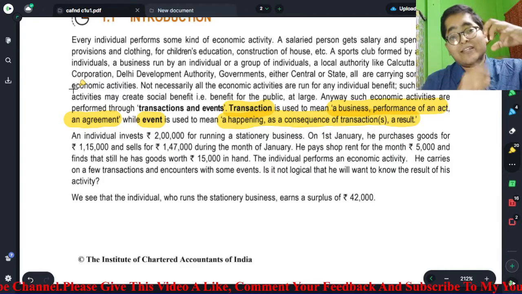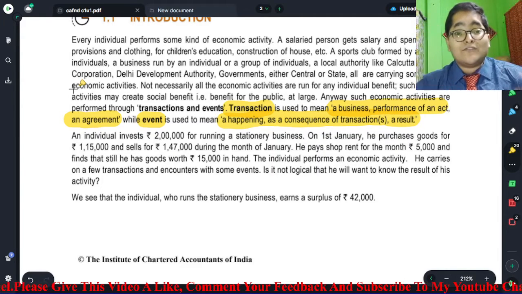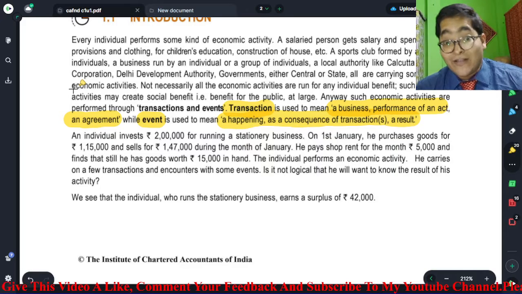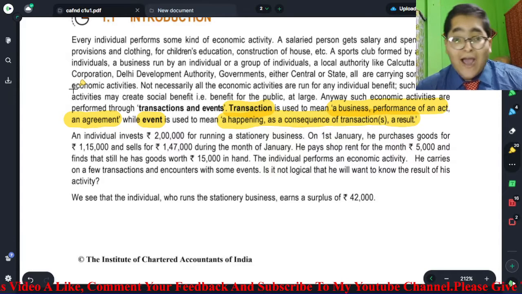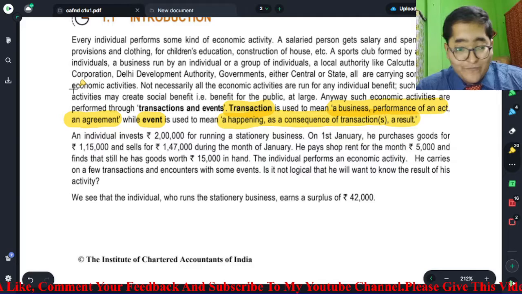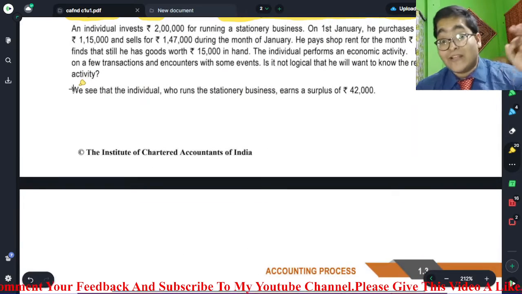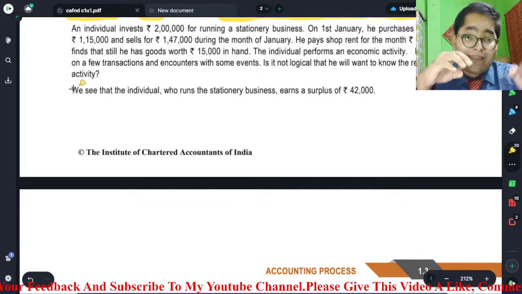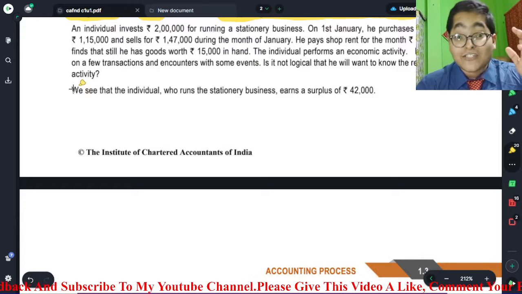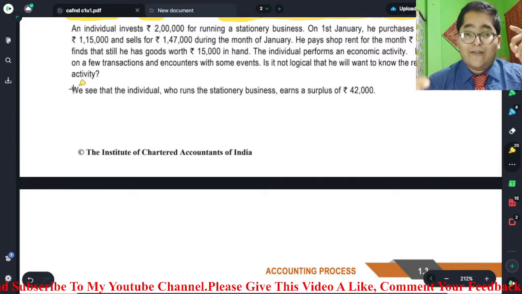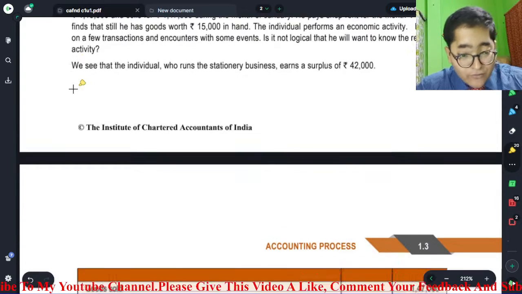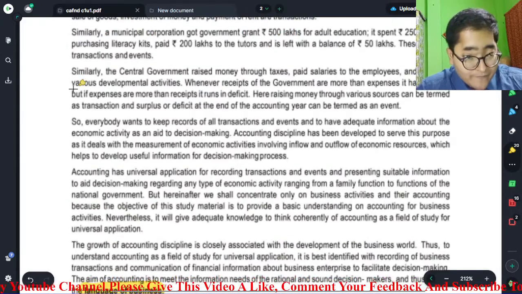So transactions and events are interrelated. If there is any question on how a transaction or event is related, then you can explain that a transaction gives rise to an event, right? So here comes the next topic.